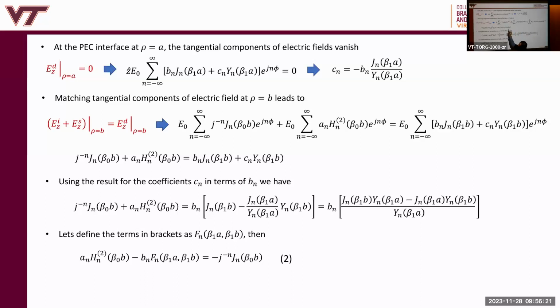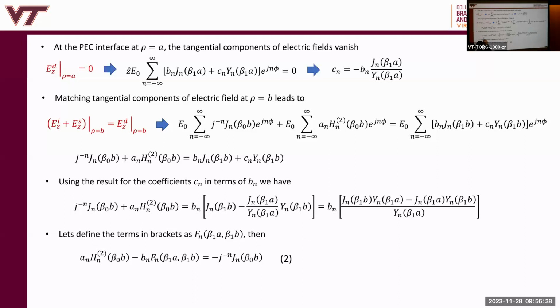All three of these arguments have to be equal to each other, and we get this expression here. We know what the Cn coefficients are in terms of Bn, so we can immediately eliminate the Cn's. And then we'll be left with an expression in terms of An and Bn only.